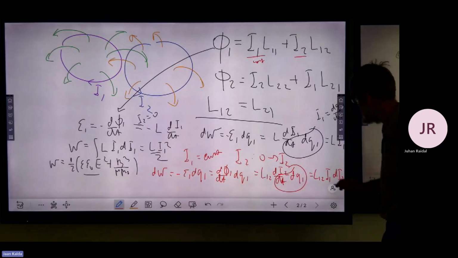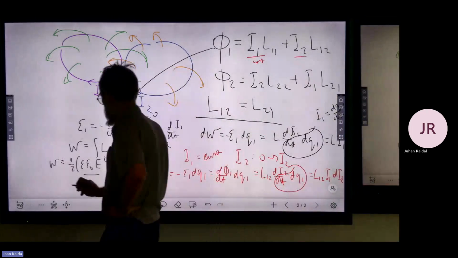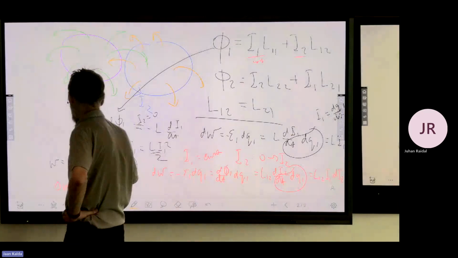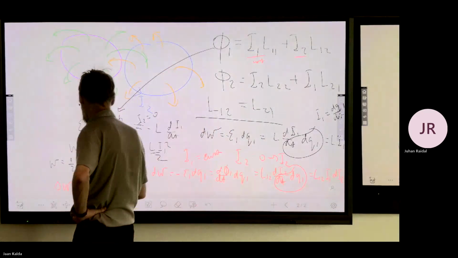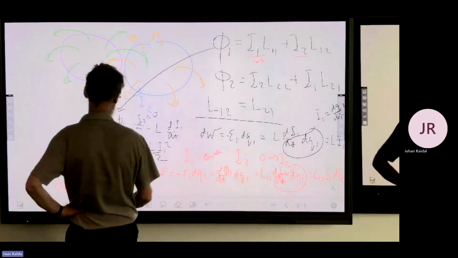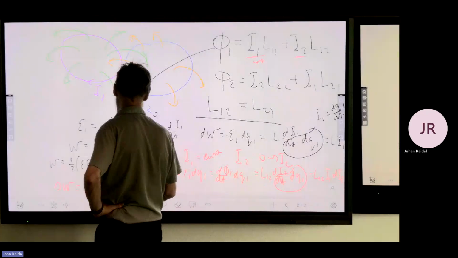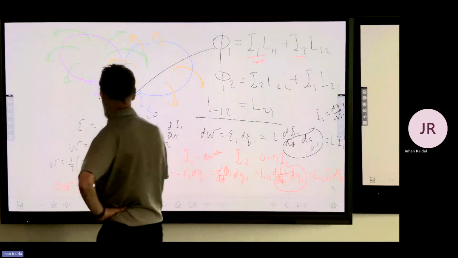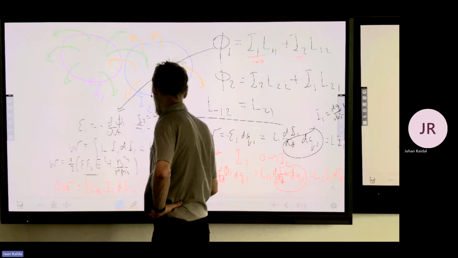But in our process I1 is constant. So if we integrate now, the delta W that we do now equals the integral of L12 I1 di2, and because I1 is constant, it becomes just L12 I1 I2.